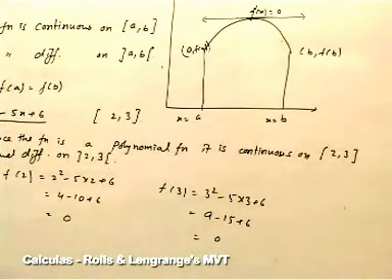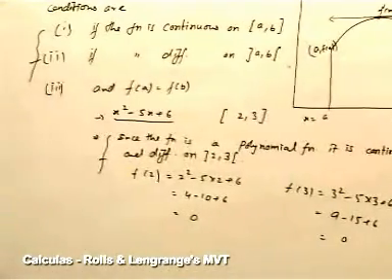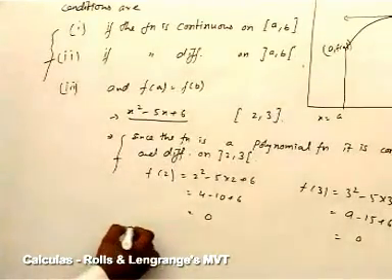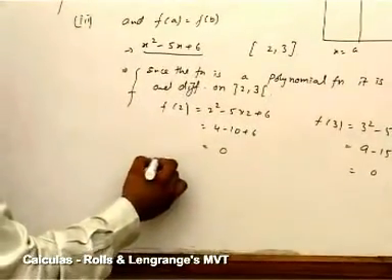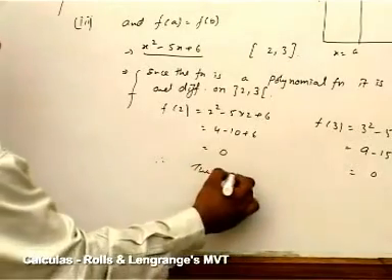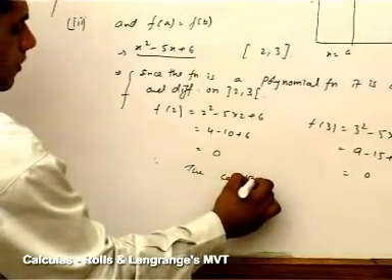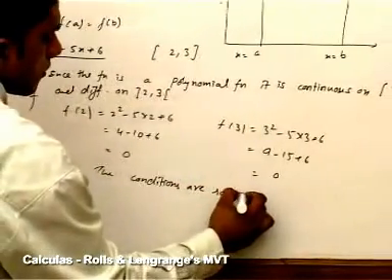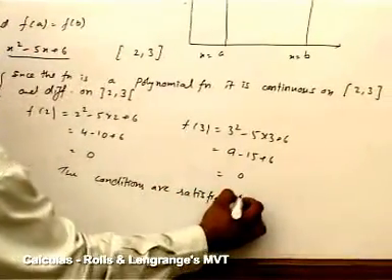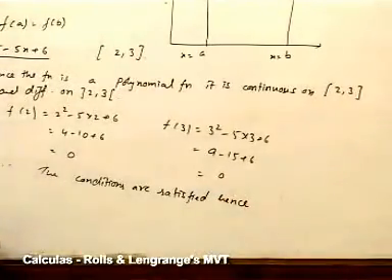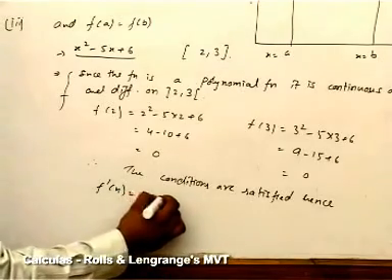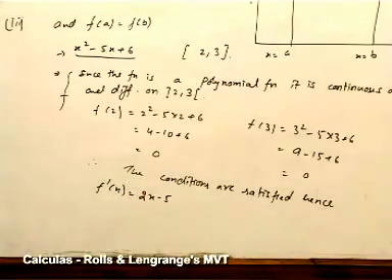So we find that all the conditions are satisfied, so there exists at least one point such that f dash x will become 0. Now let us try to find it. Therefore, the conditions are satisfied, hence f dash x, which is 2x minus 5, must be 0 at one point.